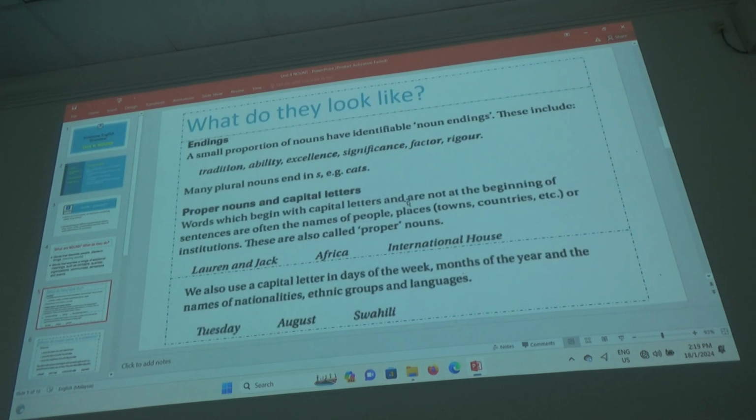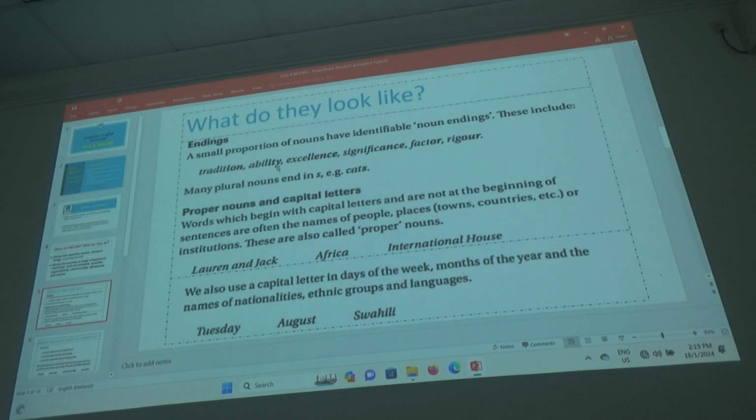Alright. What do they look like? Let's look at their form. What do they look like? Alright? A small proportion of nouns have identifiable endings, you can identify them by their endings. Like tradition, ability, excellence, significance, factor, rigor.